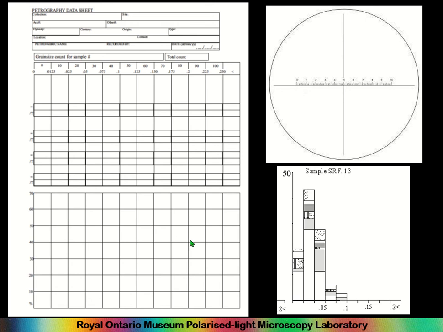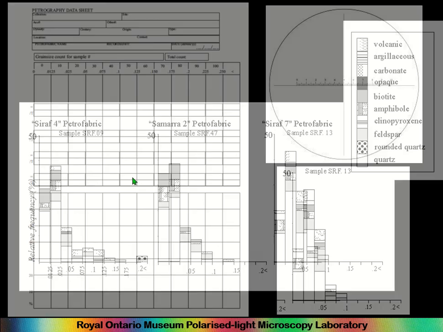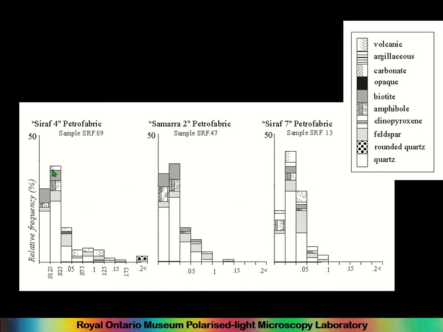And here you can create a graph rather like this. And that is the lab for doing the grain size. So it will come up eventually with things like this, which enable you to distinguish between different fabrics, petrofabrics, based on their grain size distribution, and also at times the minerals within them.